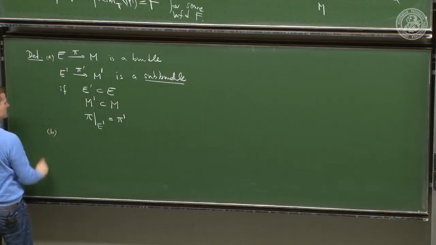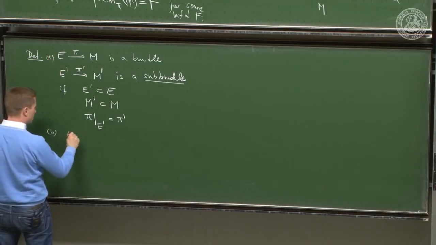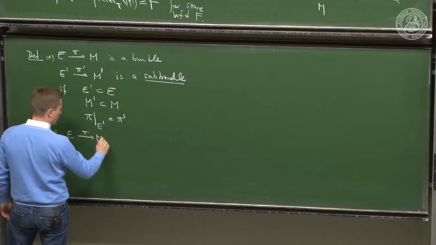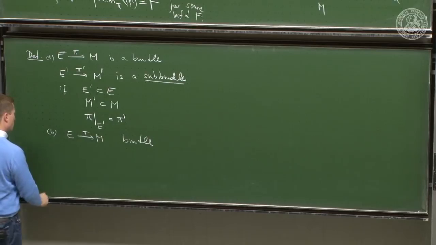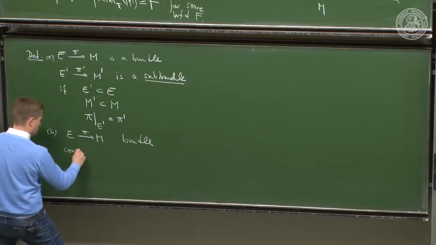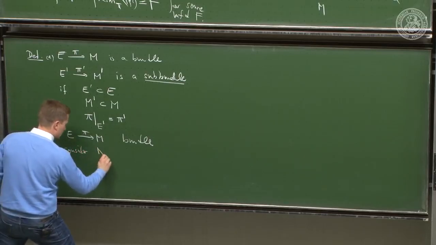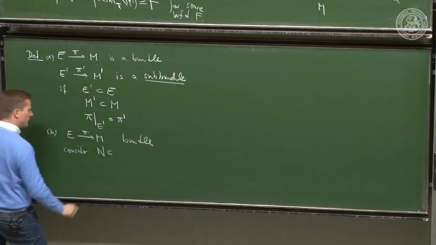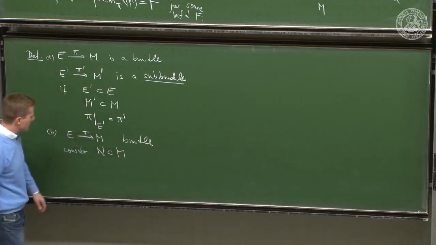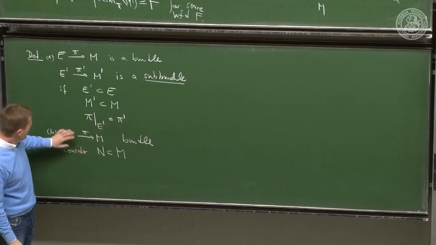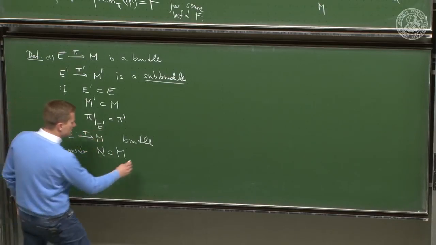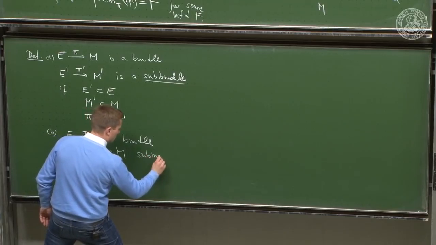And the other definition is the restriction of a bundle. So again, let (E, π, M) be a bundle, and now consider a submanifold N of M. You see, bundles use manifolds, and now if I say N in M, I mean submanifold.